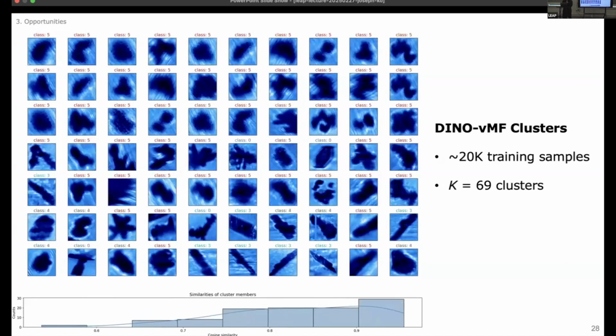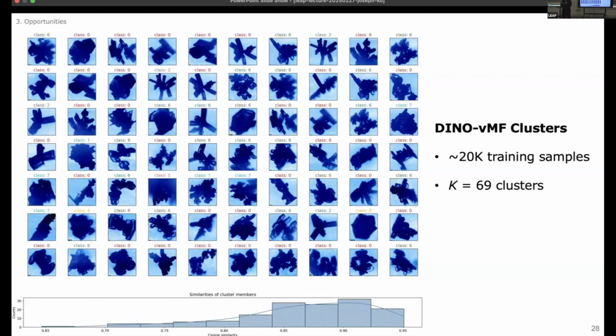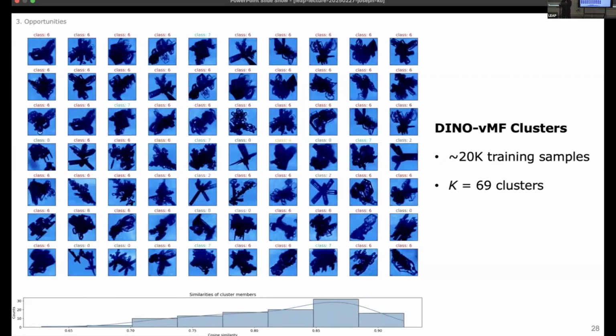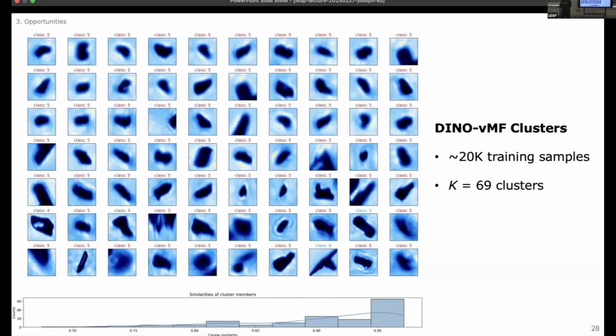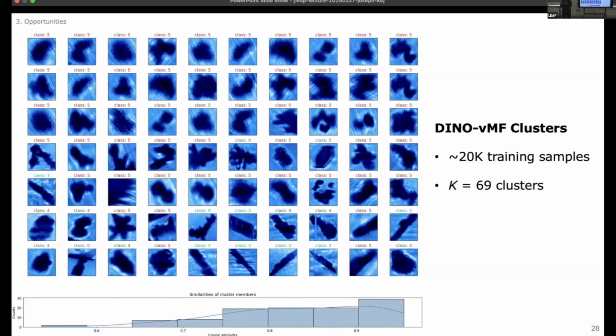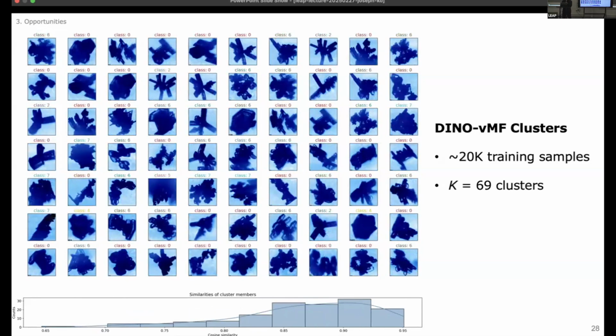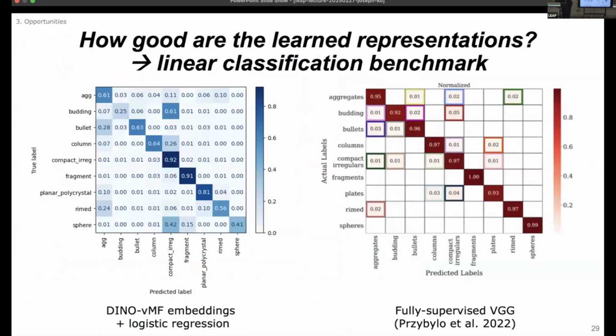So this gives us a framework to look at ice habit from a more data-driven perspective, without any prior bias about what these crystals should be classified as. And just to do some verification, we can train some linear classifiers based on these extracted embeddings from the transformer to see if they can predict these classes.